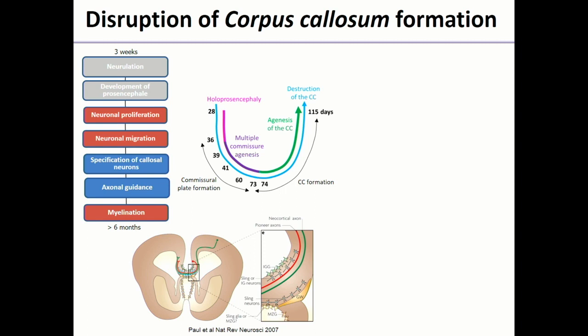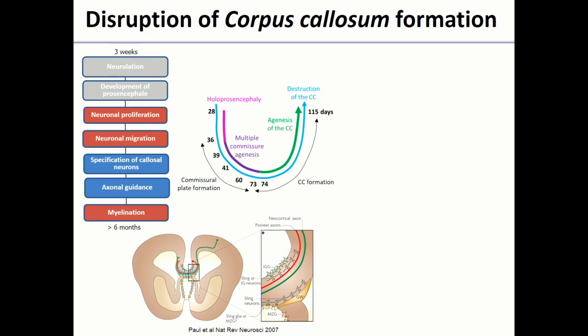You can see here very briefly the different steps that lead to the formation of the corpus callosum, which forms between the 10th and 20th weeks of pregnancy. But of course, you need all the steps before.